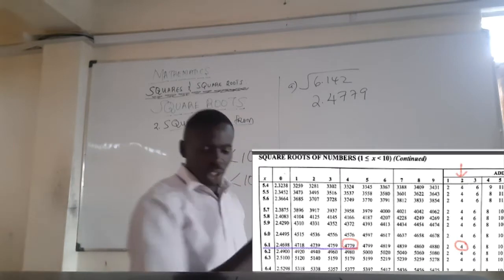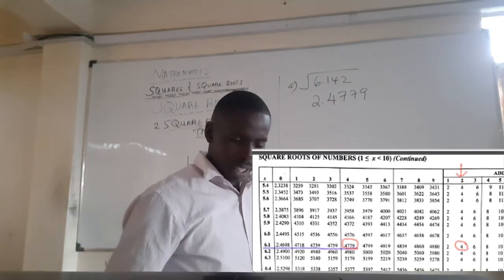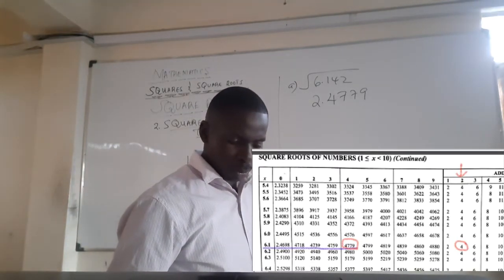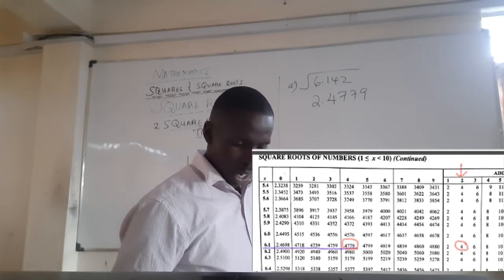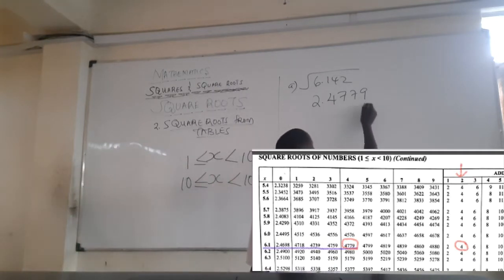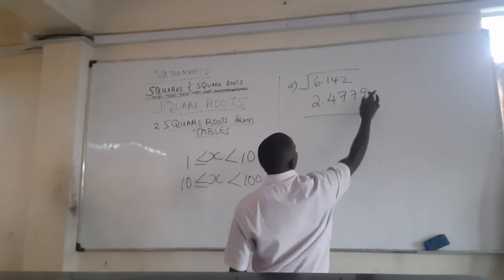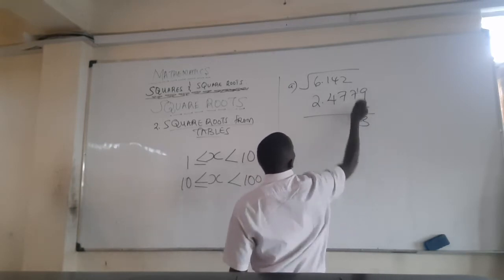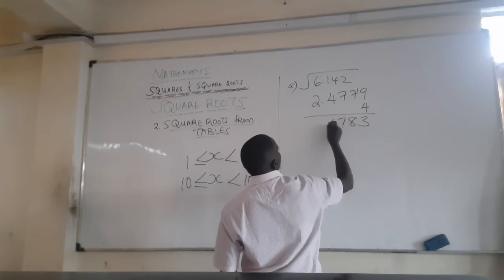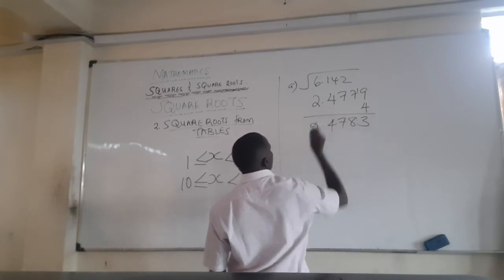And then in the addition column, we look at what corresponds to the 2, and that is 4. We are going to add that 4 to the far right end: 9 plus 4 is 13, carry 1, 8, 7, 4, 2 point.